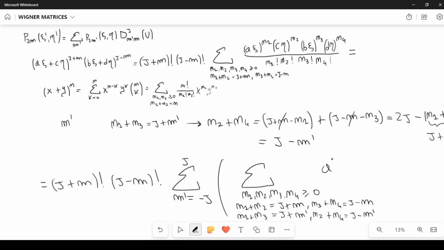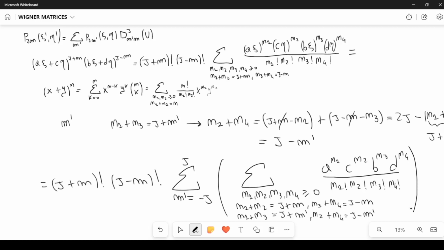Here we have a to the power n1, c to the power n2, b to the power n3, d to the power n4, and then we divide by n1 factorial, n2 factorial, n3 factorial, n4 factorial.